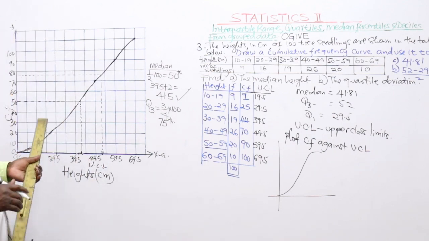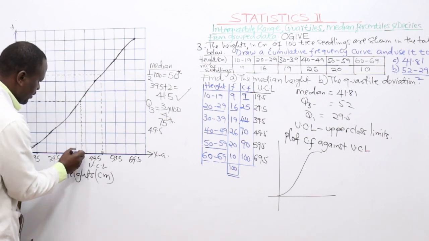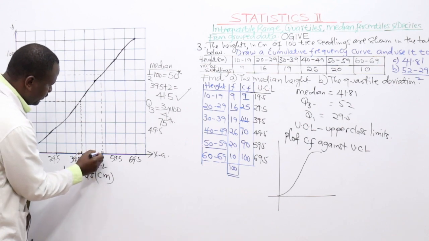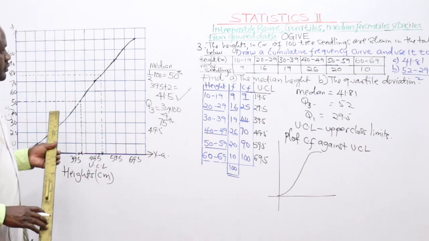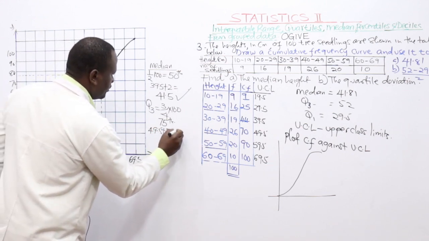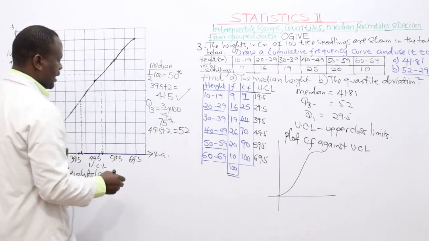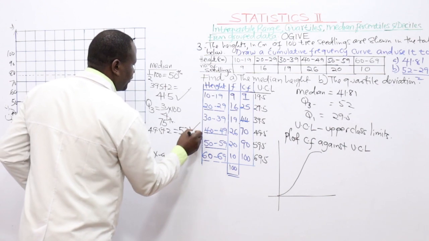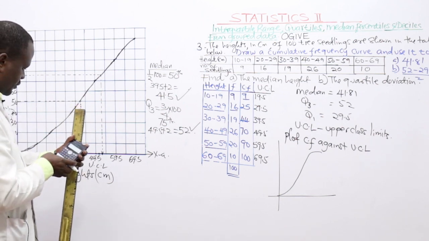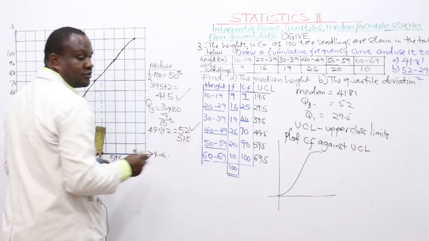You will see 49.5 plus about 2.5. So the answer is almost 52, just like what we got, or 51.5. If you get 51.5, that is also okay.